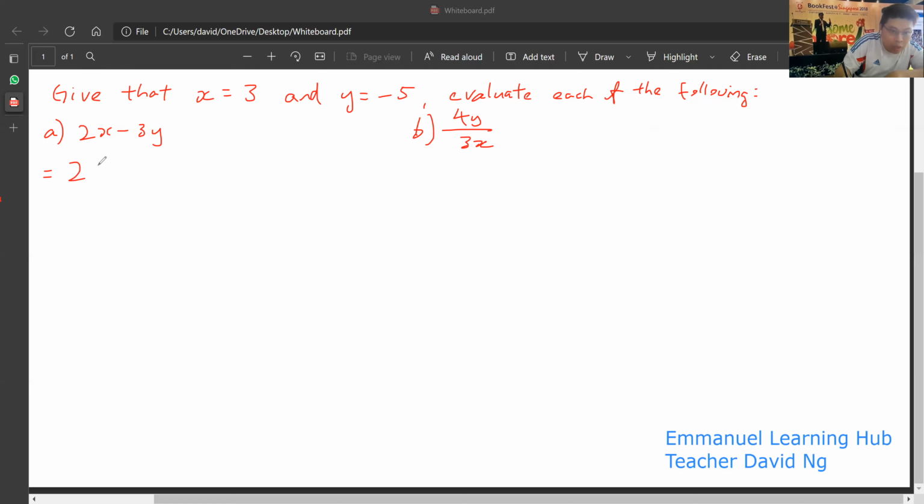You should write like this in the exam. 2 times 3, 6. Minus minus is plus. 3 times 5, 15. 15 plus 6, 21. This is how you should do it in the exam.